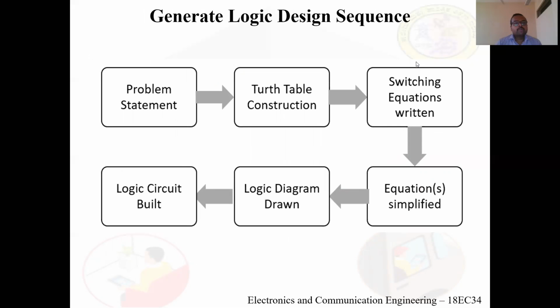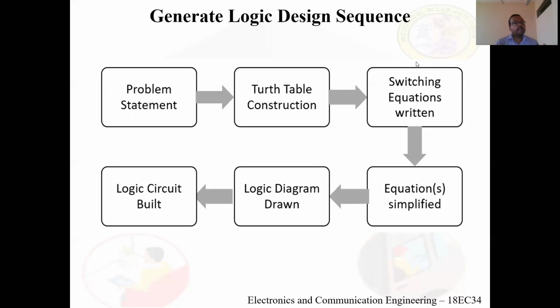Now, the next topic we have is the general logic design sequence. We'll understand how the logic design sequence runs. The first thing is the problem statement. First, we have a problem statement given to us. From the problem statement, understand what the problem is and identify the number of variables.